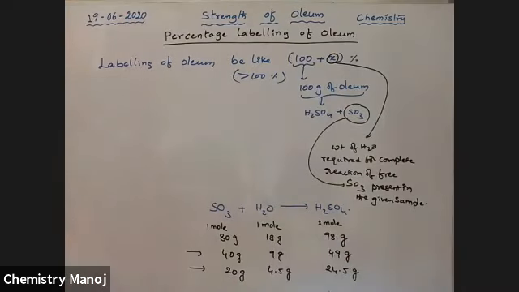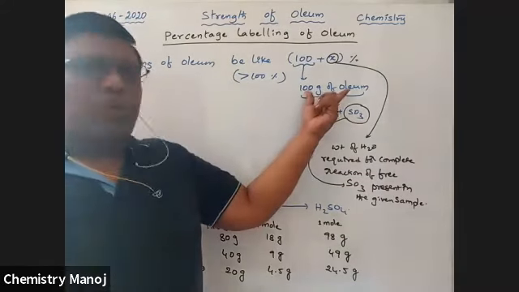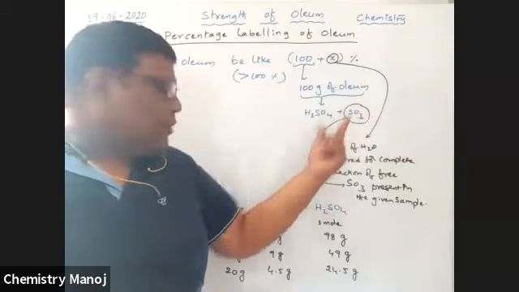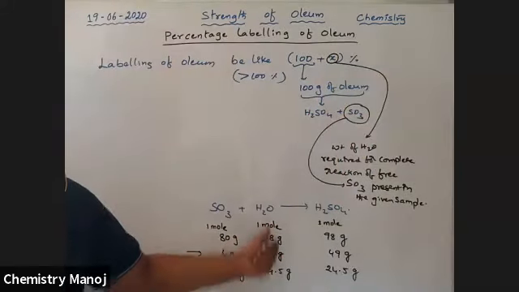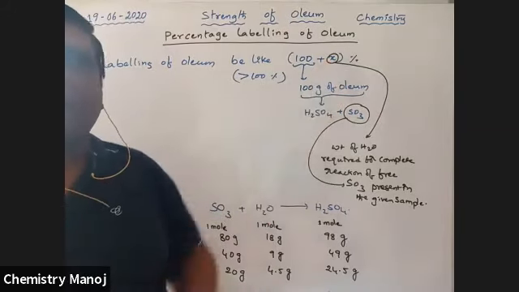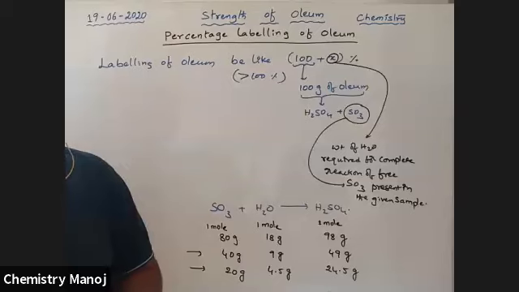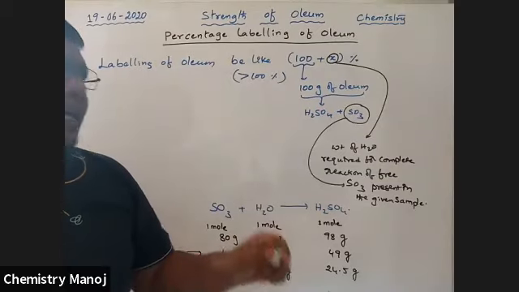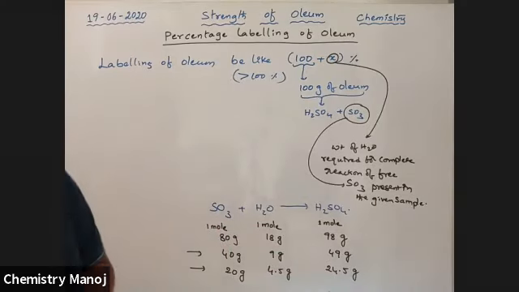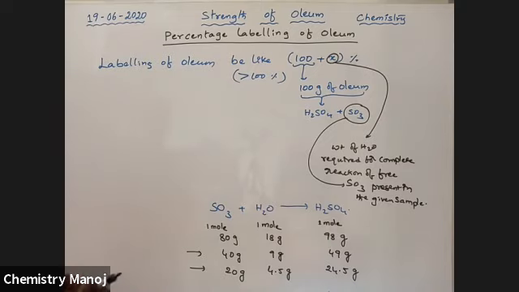This is 100 grams oleum, and that 100 grams of oleum contains SO3. This SO3 requires some water, and that weight of water required is X grams. X is the weight of water required to react with the free SO3 present in the given sample of oleum.